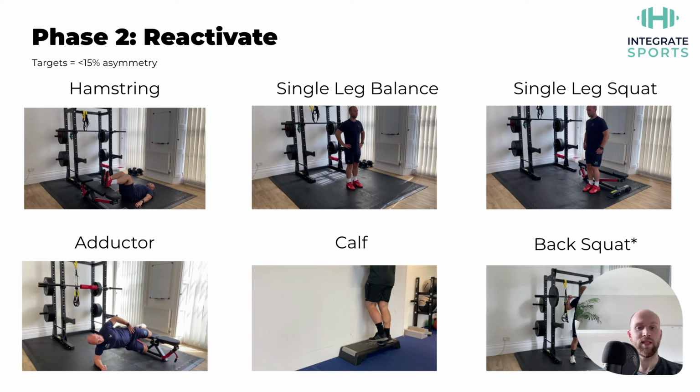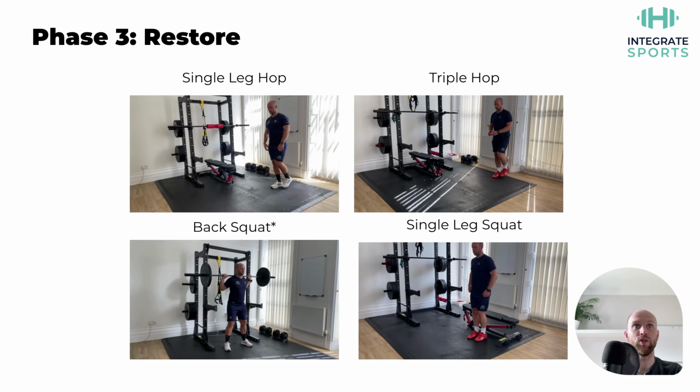You just want to see how much force that leg can produce independently of other muscle groups. So you can either use a back squat, or a single leg press, or a combination of both. But ultimately what we're trying to do here is build back strength, build back the capacity to prepare for running. And if you can achieve all of these key scores and they're within 15%, then we're in a positive position to move forwards into the restore phase.